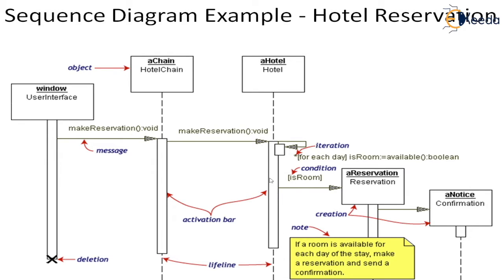So these are the activation bars. If a room is available, this is a note you can put there. If a room is available for each day of the stay, make a reservation and send a confirmation. So the return path is not given here. Only the onward path has been given, the solid line. The dashed lines which will return the message are not given in this example.